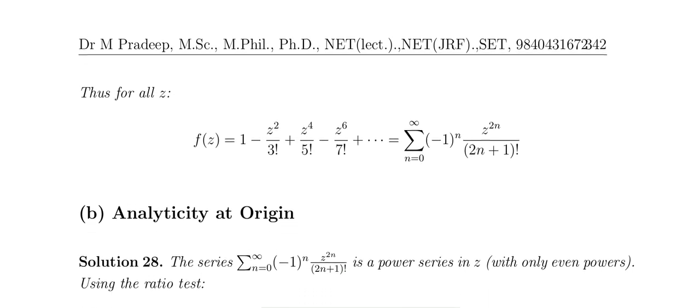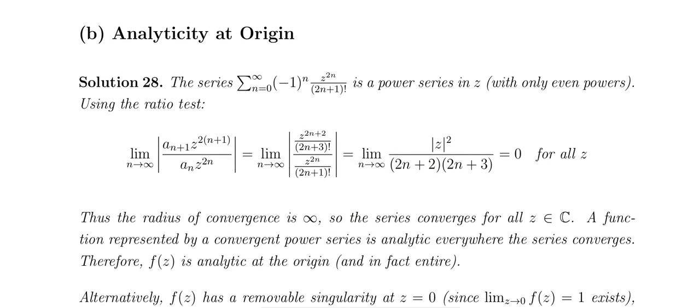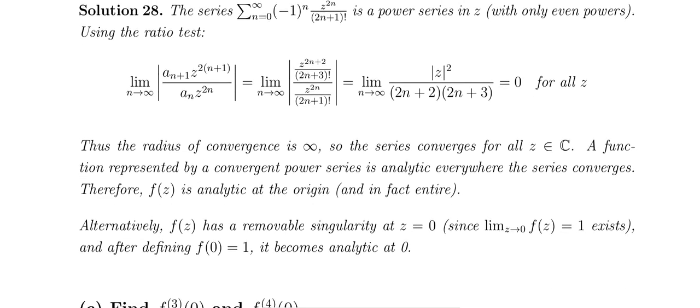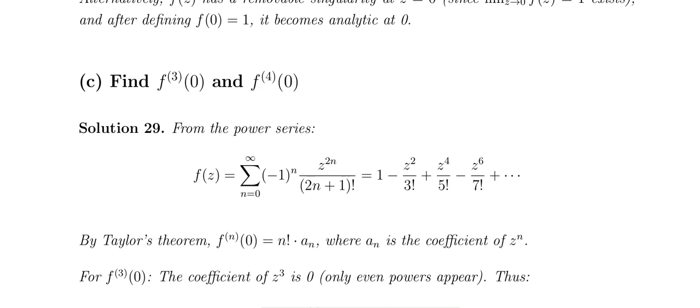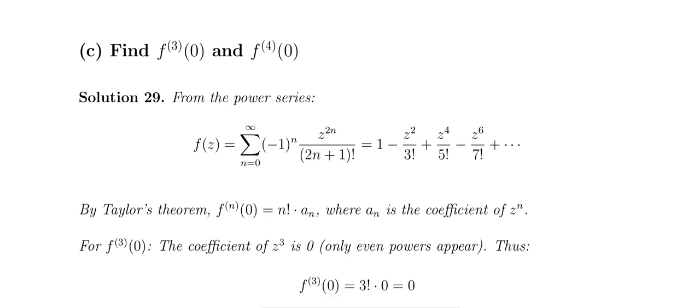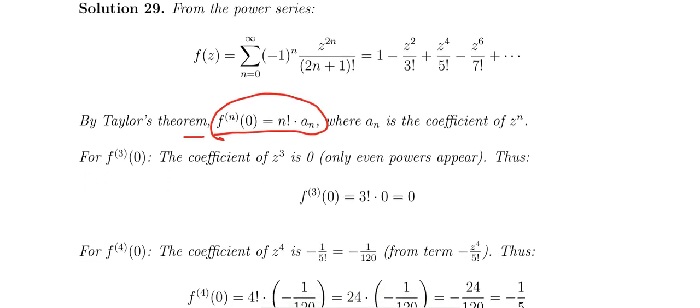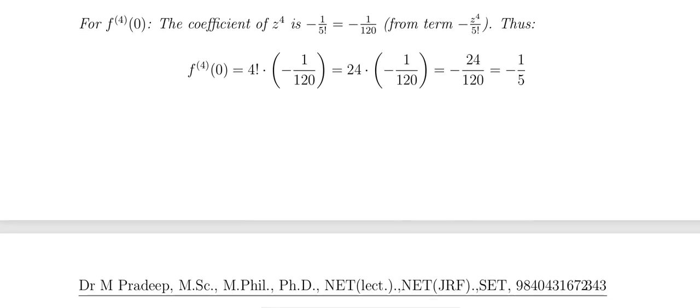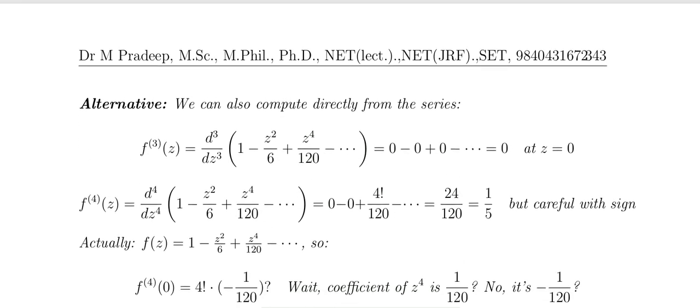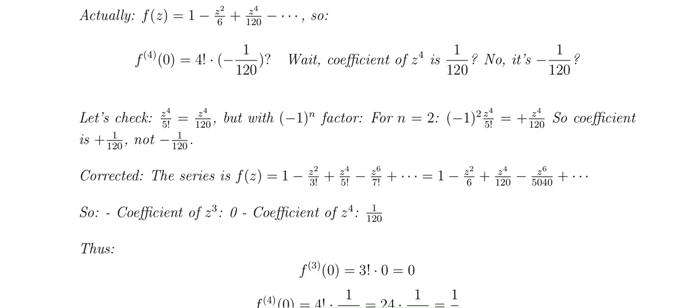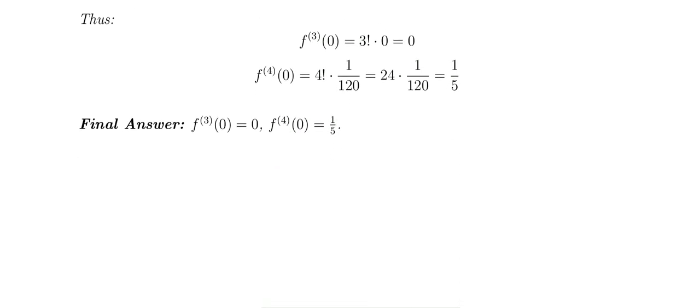At the point z equal to 0, the Taylor series is called the Maclaurin series. If they ask like this, f power 3 at 0 and f power 4 at 0, with a series given, you can apply the Taylor series: f power n at 0 equal to n factorial an. We solved a problem earlier using that. Okay.